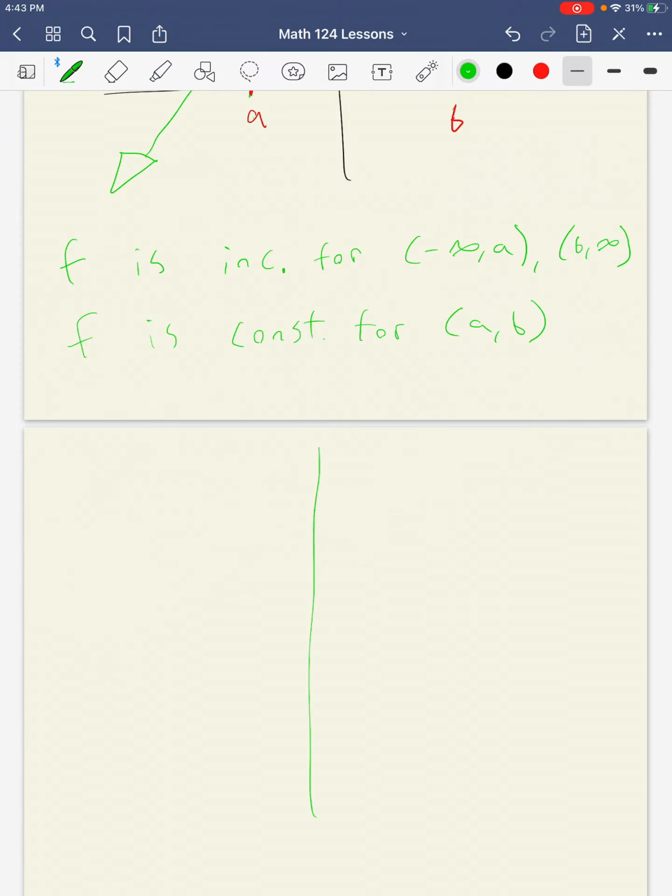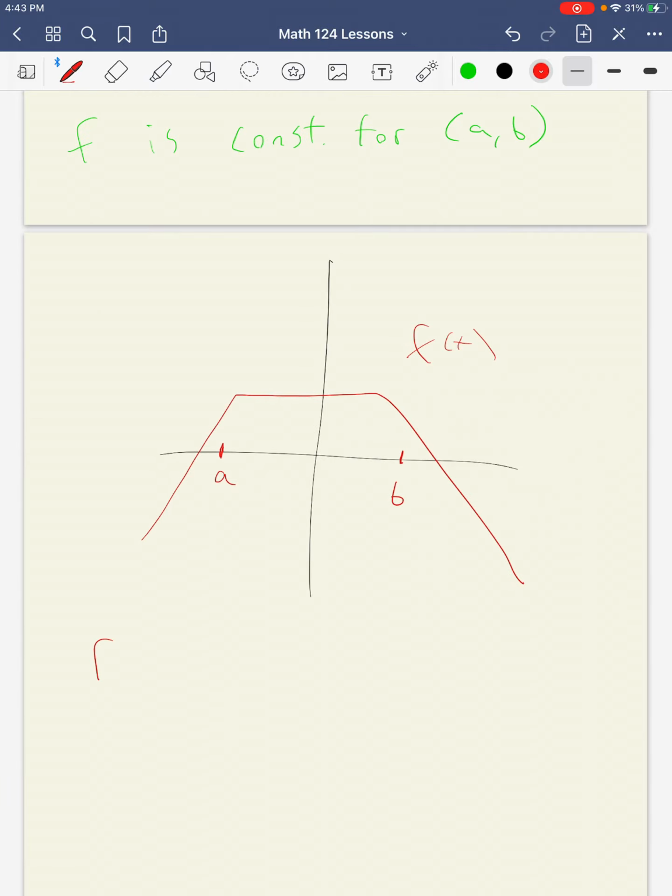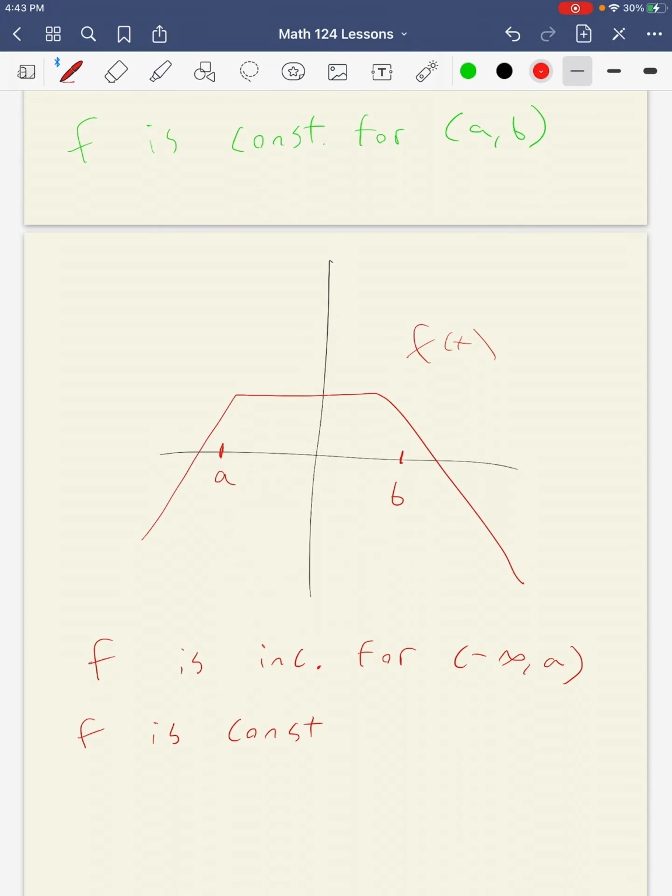Let me draw a picture of a decreasing function. And I'll do this in red, say we increase, then we're constant, and then decrease. Okay, let's call this A, this B. So in this example, f is increasing for the x values minus infinity to a. f is constant for the x values a to b.